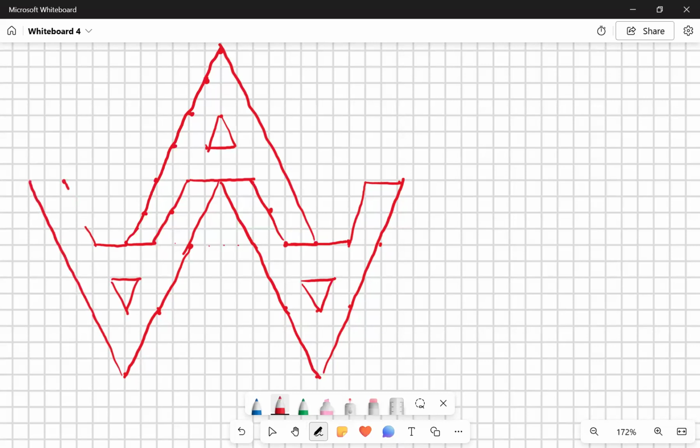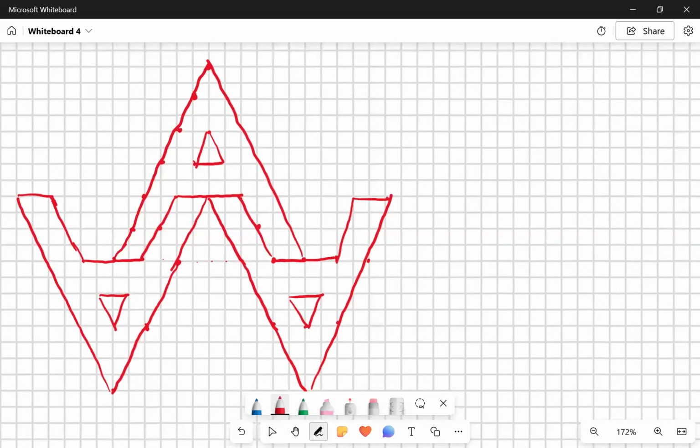And I can just keep doing this pattern and tessellate them over and over and over again. And so forth. You get the idea. I can keep building these figures with the A's over and over again and making these capital letters.